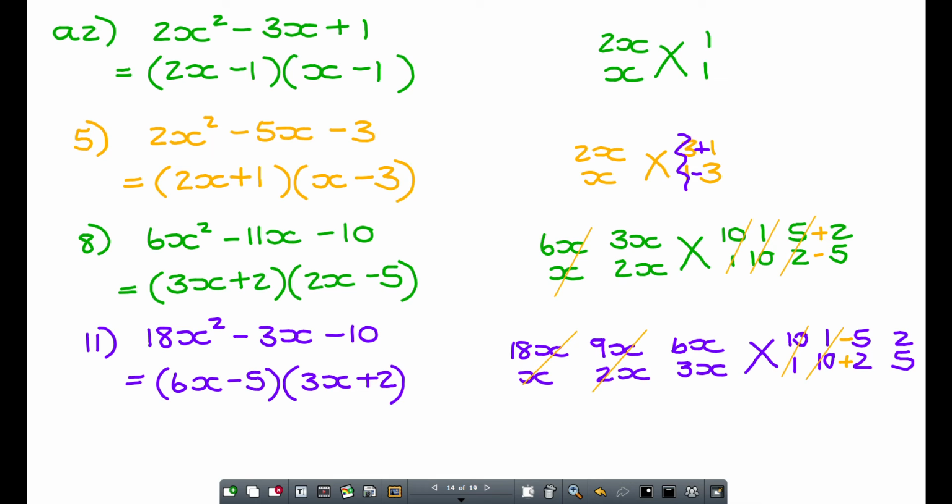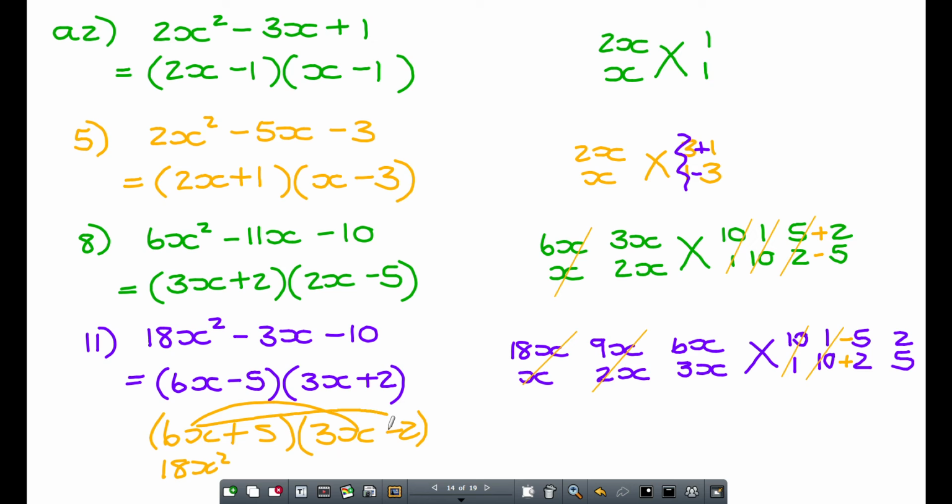Sorry, ma'am, I got 6x plus 5. Okay, wait, which number? Oh, sorry, 411. Ja? I got 6x plus 5 and 2x minus 2. Okay, so let me just double check, maybe I had it wrong. 12 minus 15. Okay, so if it was 6x plus 5 and 3x, you said minus 2. No, okay. Remember, yesterday I said, always go back and double check by using FOIL, meaning do the opposite. So the 6x times the 3x gave me the 18x squared, yes?